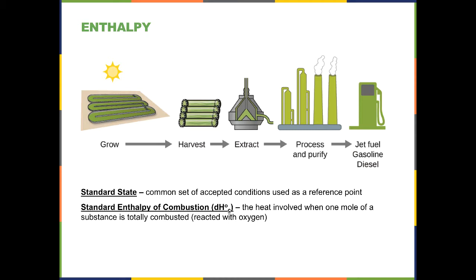But the idea here is that you're using 1 mole of a substance. For example, if you combust 1 mole of ethyl alcohol, the standard enthalpy of that combustion is minus 1,366.8 kilojoules for that 1 mole.